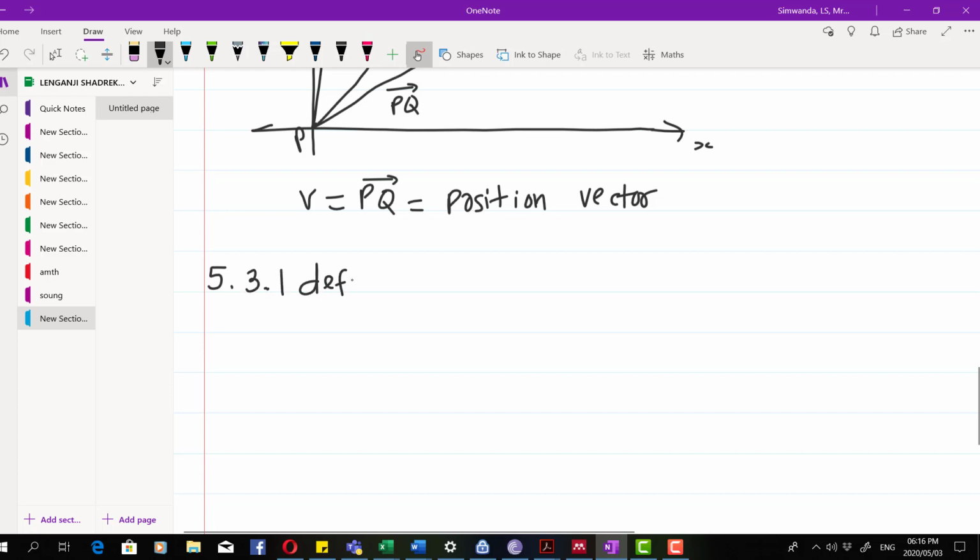We'll take some definition, maybe some representations of some sort.